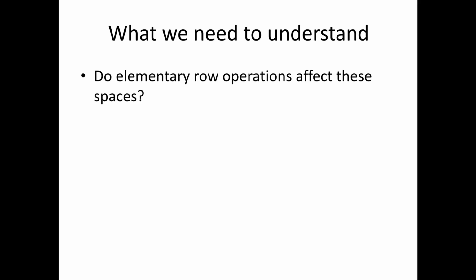So the question here is, the original matrix A and any REF of the matrix A, do they have exactly the same row space? Or do they have exactly the same null space? Or what about the column space, right?